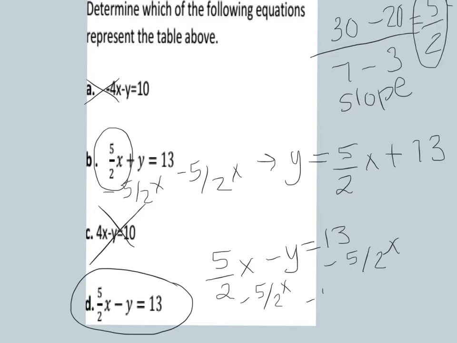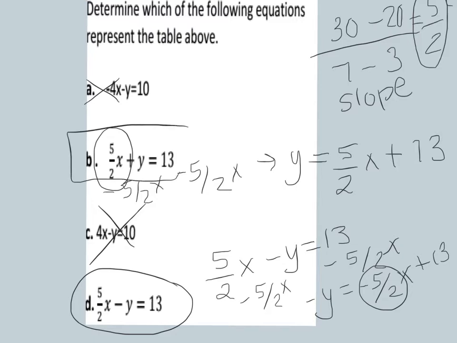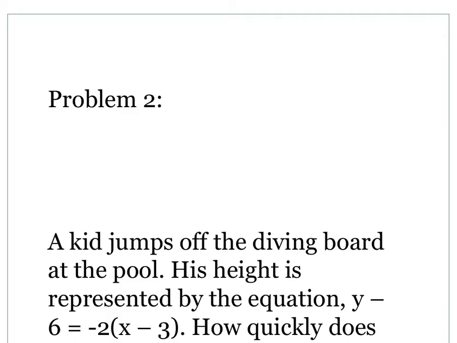So now I have negative y equals negative 5 halves x plus 13. Okay, so then we have a negative slope, and we don't want that, so we're good to go. So my answer is B. Now make sure you're not just writing the answer as B because you're not going to get any credit for this work.